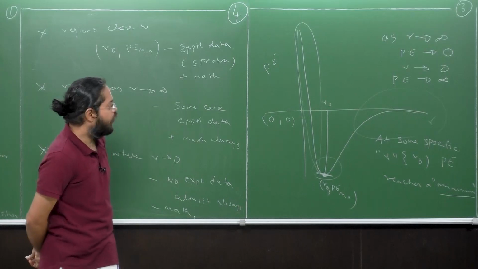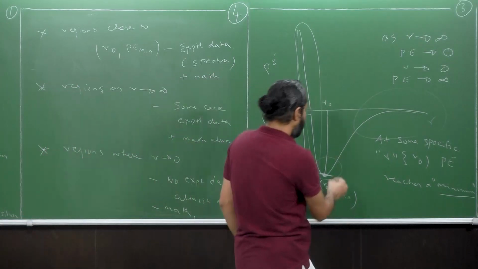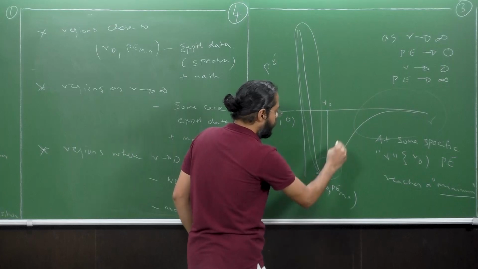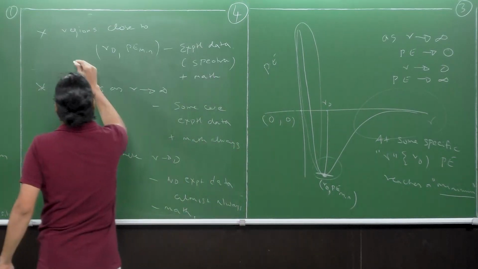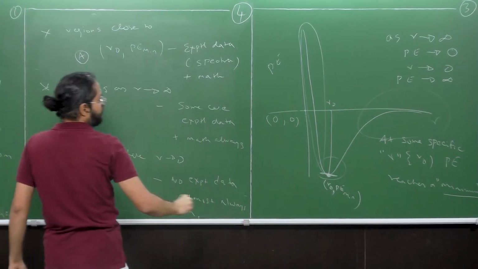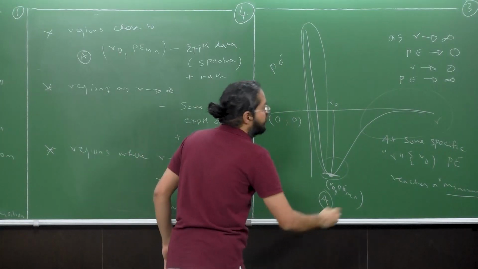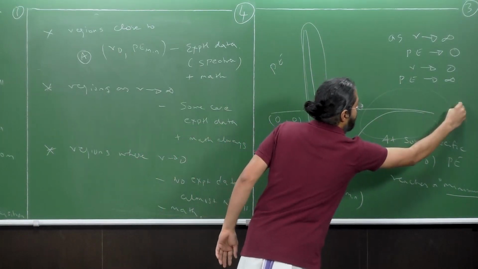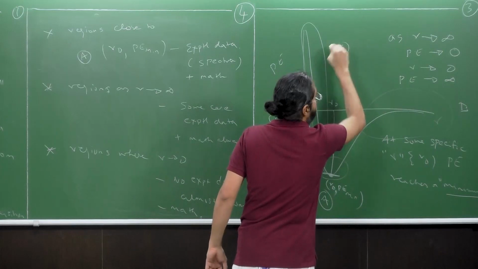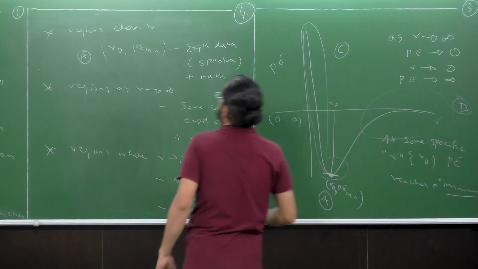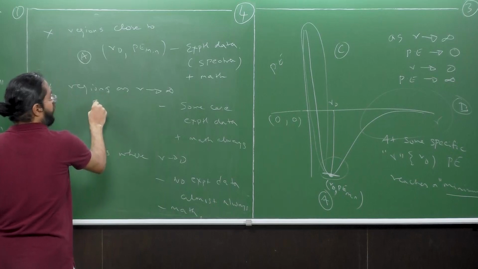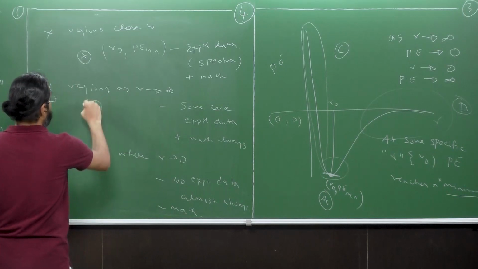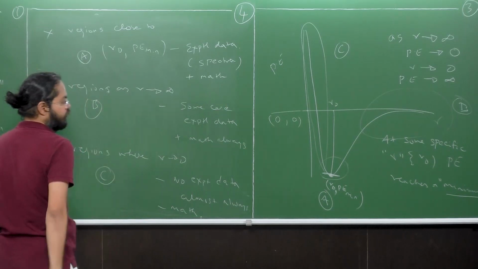Okay, so this is from experiment. I'll just call it region A. This is region A. This is region B. And this is region C. So A, B, and C. Are we good?